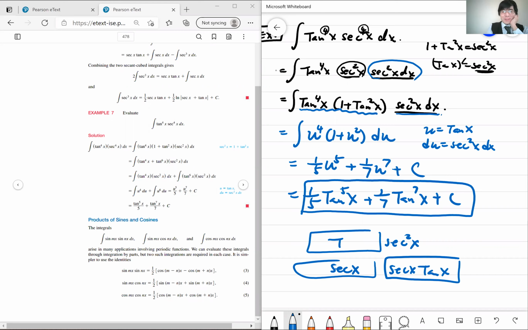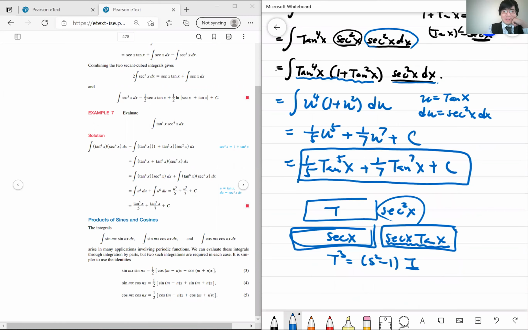Because when you have a tangent cube, you can make 2 of them into secant, and you can leave 1 tangent. But the hard part is you have to leave 1 secant and 1 tangent. So if you can do that, then that's another way to integrate this kind of expression. Okay, so that's the kind of general idea.